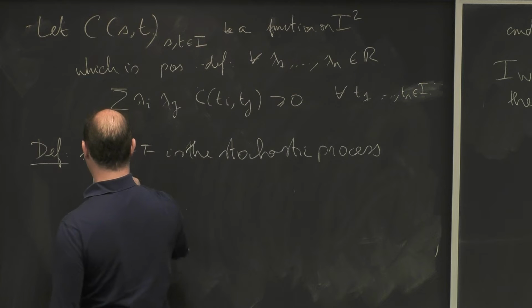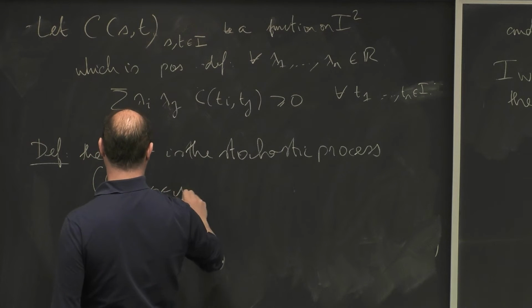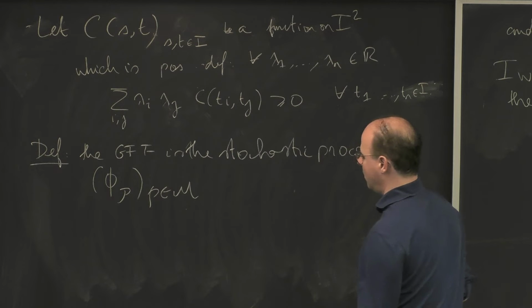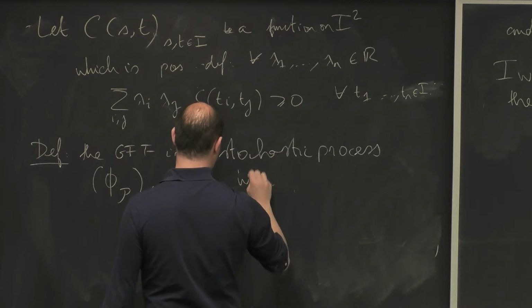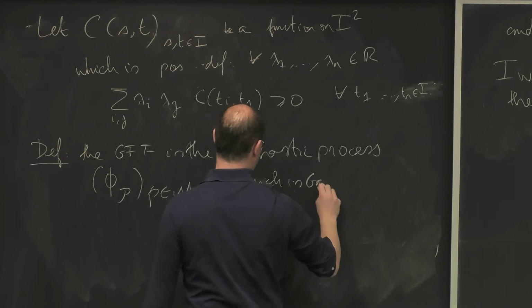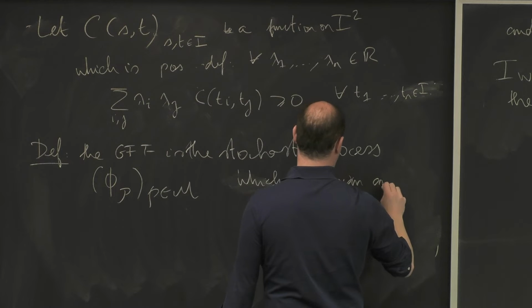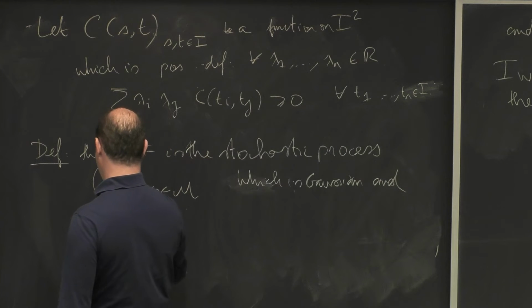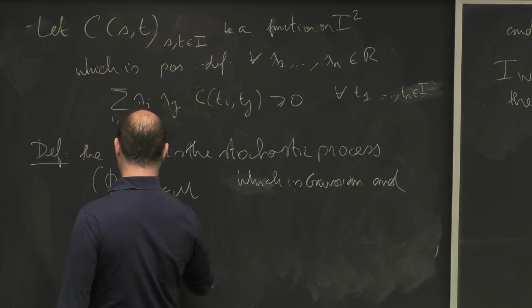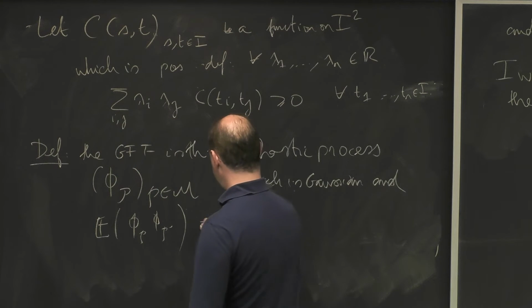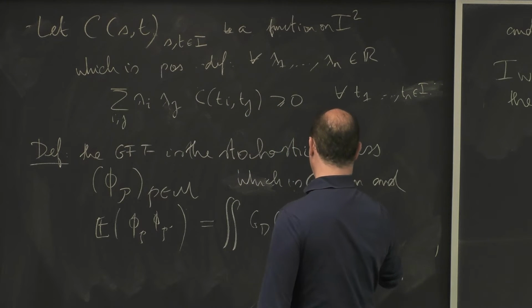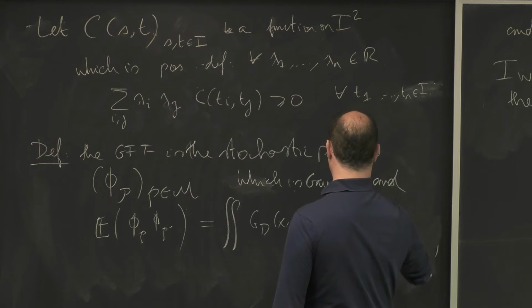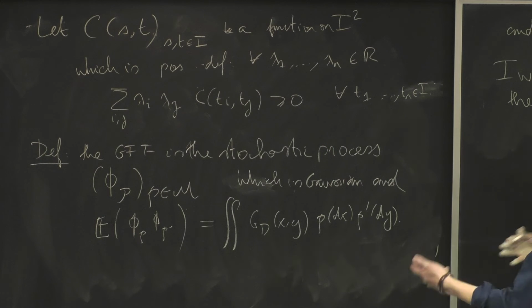Let me call it phi indexed by rho, which is Gaussian, and the covariance of phi_rho and phi_rho prime is this double integral, the mutual energy, the logarithmic energy of rho and rho prime.